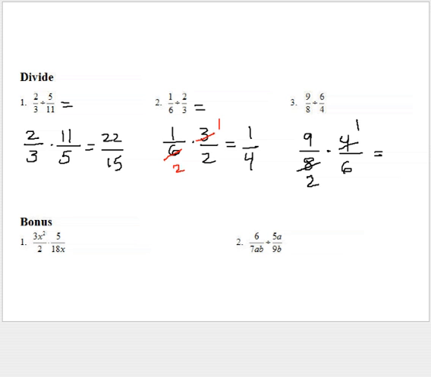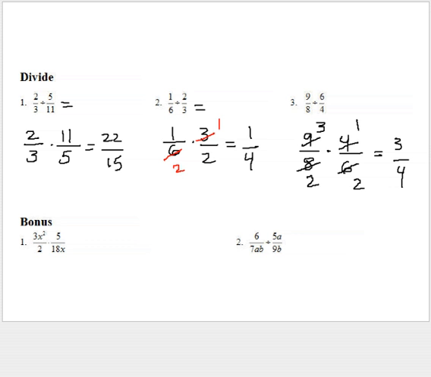And if I reduce this, this becomes 3, and this becomes 2, and so we get 3/4. Absolutely correct.